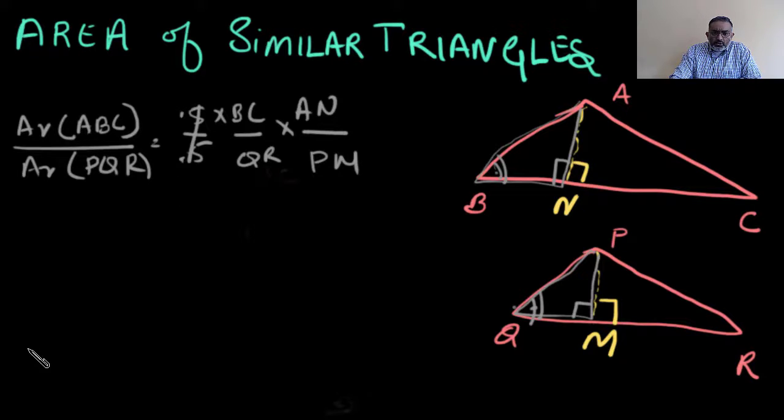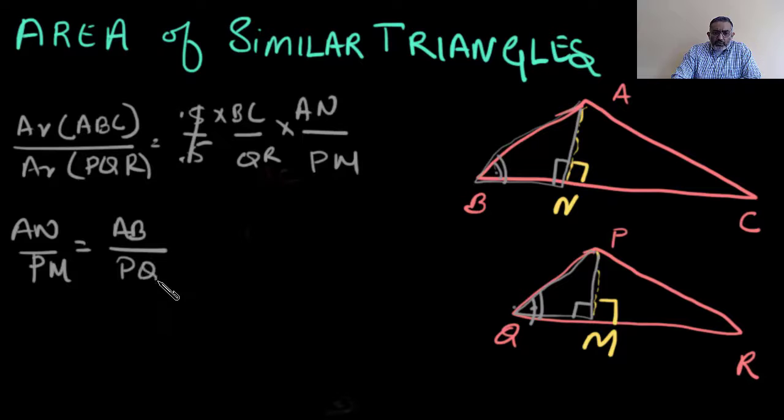So these two 0.5s cancel each other, and by virtue of the fact that these two triangles are similar, AN by PM is equal to AB by PQ, which is also equal to BC by QR.